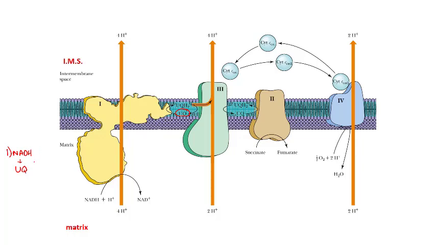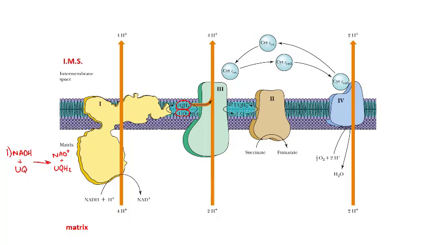So NADH hands off its electrons to UQ, and that gives us NAD+, and UQH2, which is the reduced form of coenzyme Q. And remember, coenzyme Q is a membrane-bound electron carrier, so it stays in the lipid bilayer.